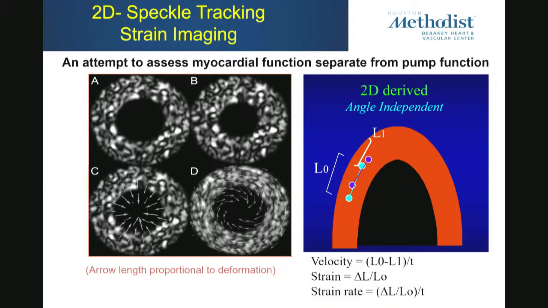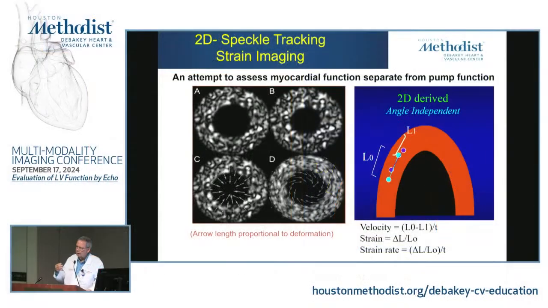And therefore, there are a little bit more issues with reproducibility and accuracy. And that's why strain rate is still out there, not in prime time. But strain, which is just the percent displacement, clearly, with all the technological improvements that we have nowadays, is coming into prime time.